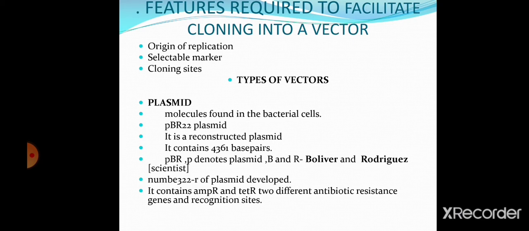Here p denotes plasmid, BR denotes the names of the scientists, Bolivar and Rodriguez, who developed this plasmid. The number 322 represents the number of plasmids developed in their laboratory, and it also contains two different antibiotic resistance genes and recognition sites for several restriction enzymes.